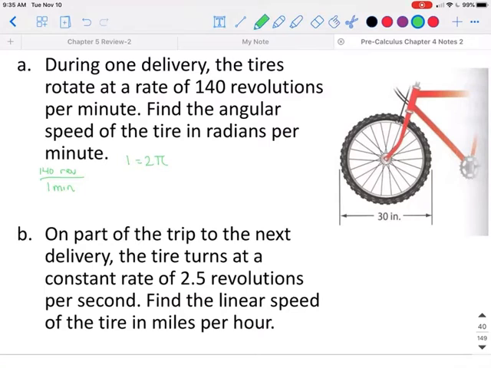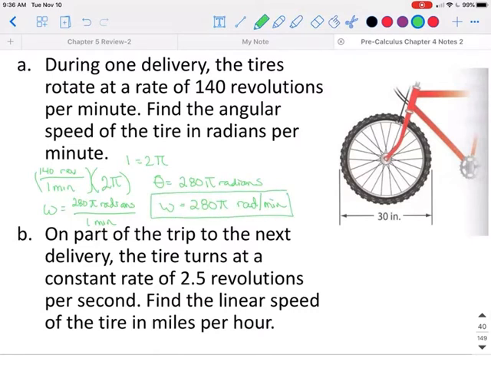So if we multiply 140 revolutions by 2 pi, that tells us how many radians we have covered. Our theta is going to be 280 pi radians, so our omega is 280 pi radians over 1 minute, or just 280 pi radians per minute.